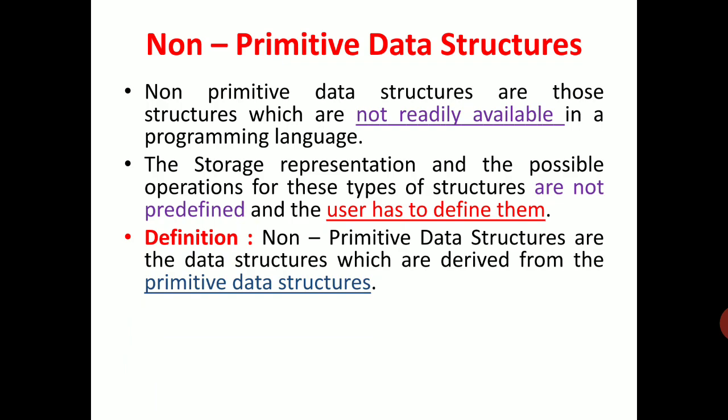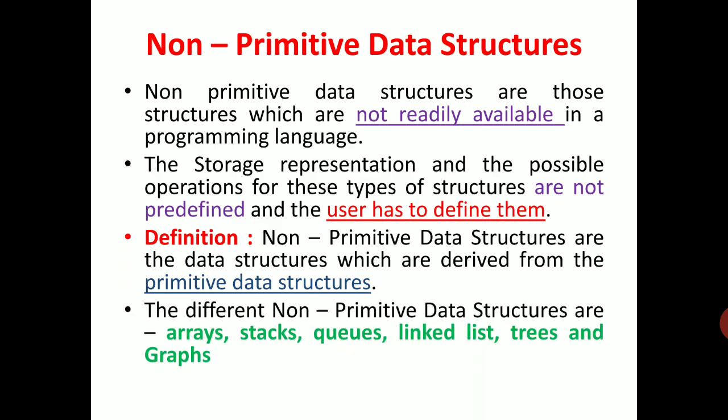I can give an example, an array, int a of 10, that we have discussed in our PUC first year classes. Here a of 10 is an array of integer. Integer is a primitive data structure. A of 10 is an array, that is a non-primitive data structure. So non-primitive data structures are derived from the primitive data structures.